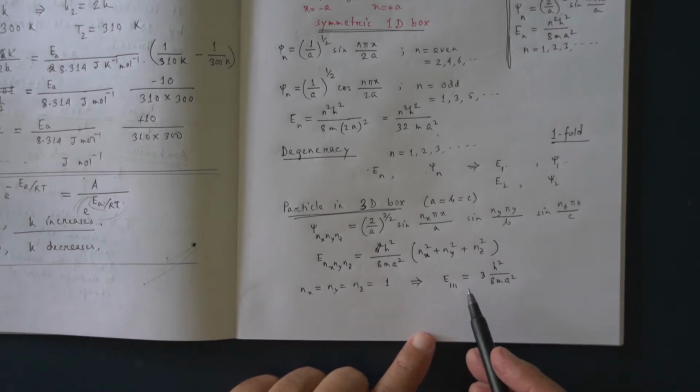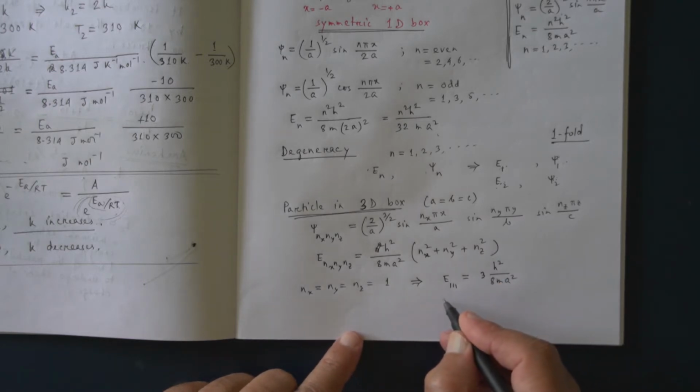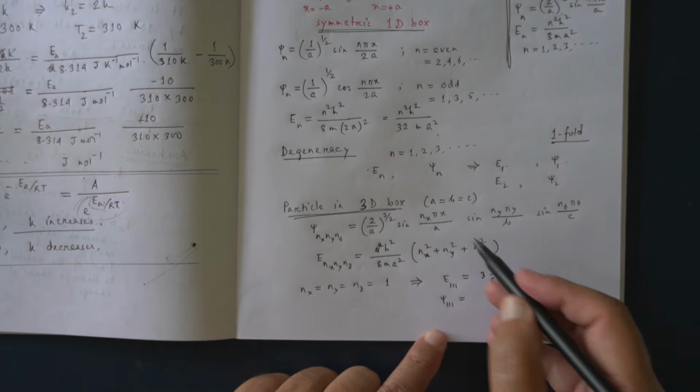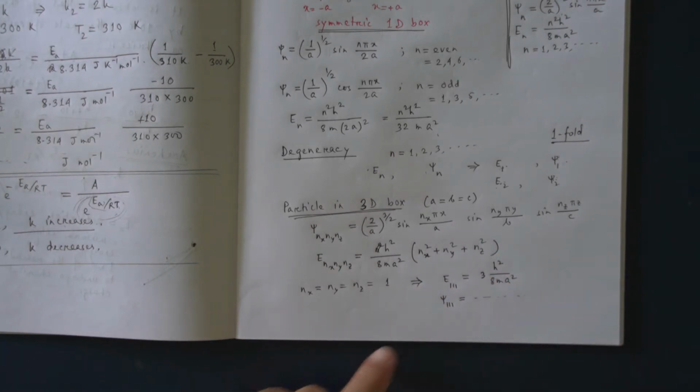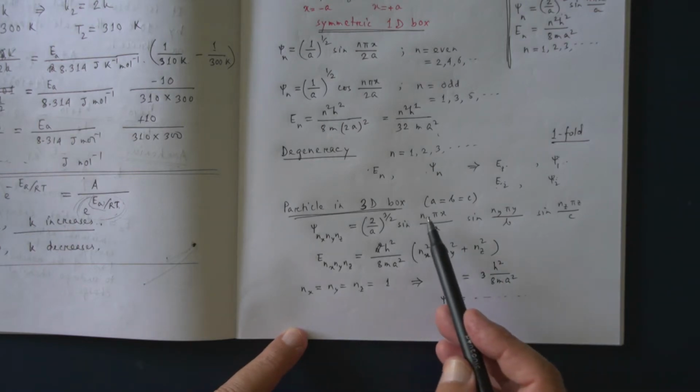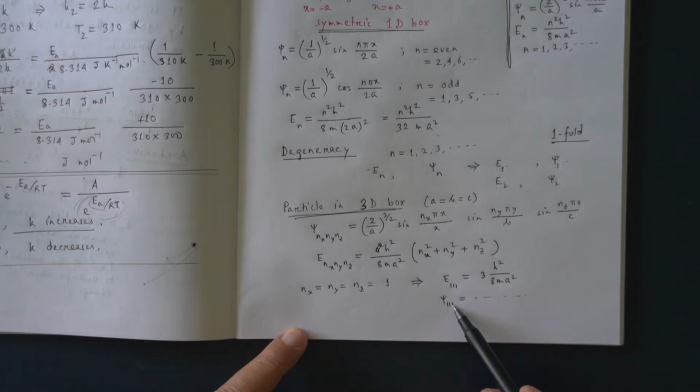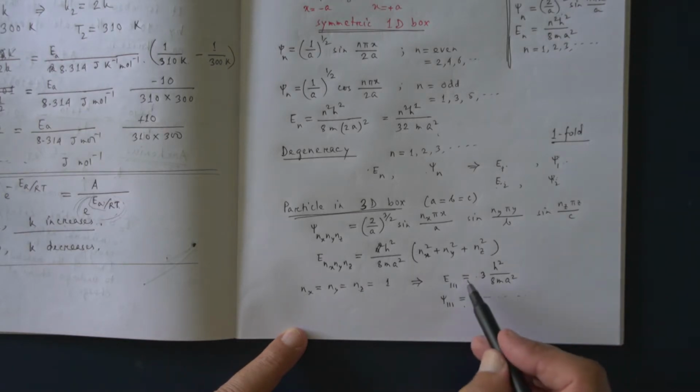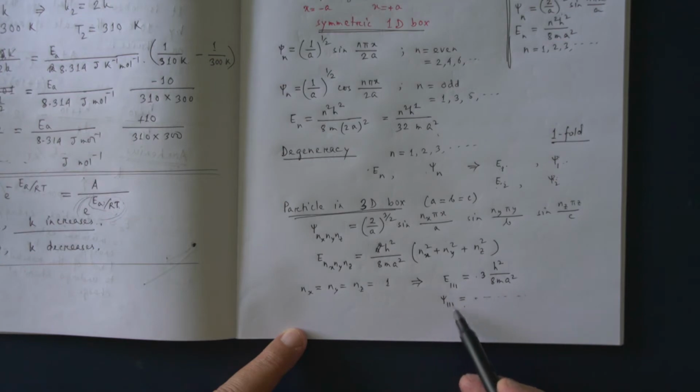The corresponding wave function will be psi 111, and we will have only one wave function. We have already written this. That means when nx equals ny equals nz, we have one energy value and only one wave function. So this level is one-fold degenerate, because with this energy level there is only one state.